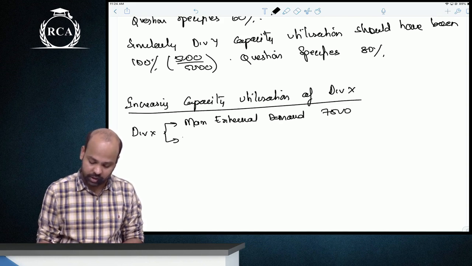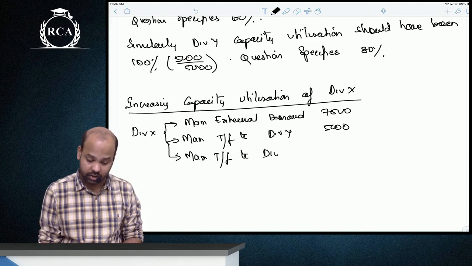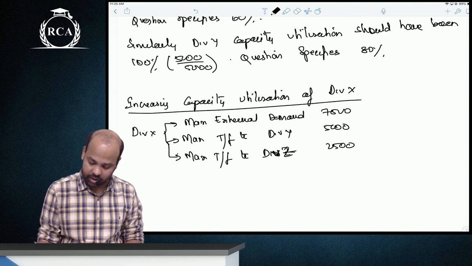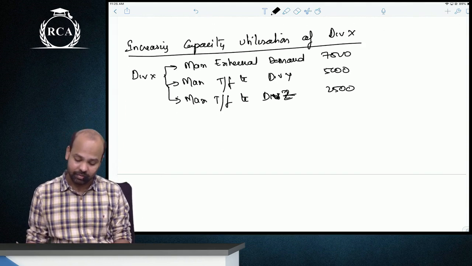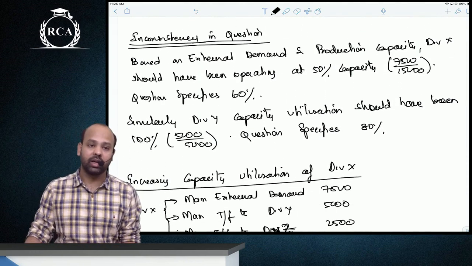Maximum transfers to division Y would be 5,000 units. Maximum transfers to division Z would be 2,500 units, because their capacity is limited to 2,500 units, so they cannot go beyond that.